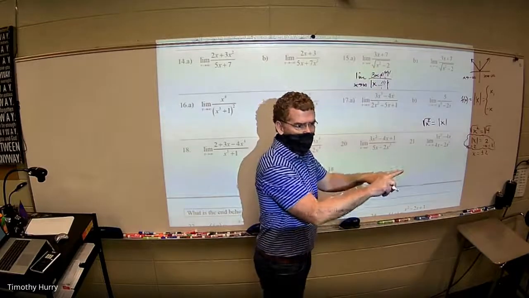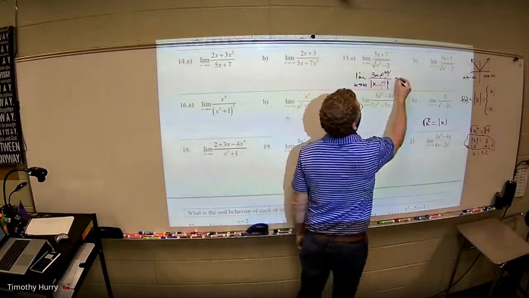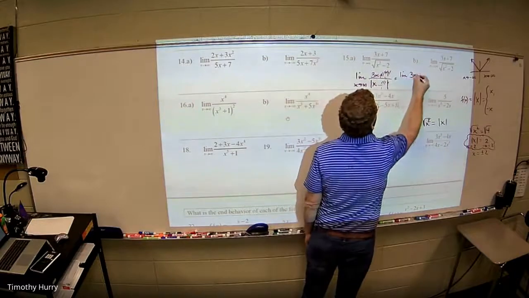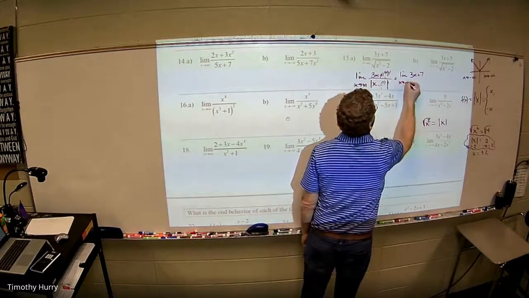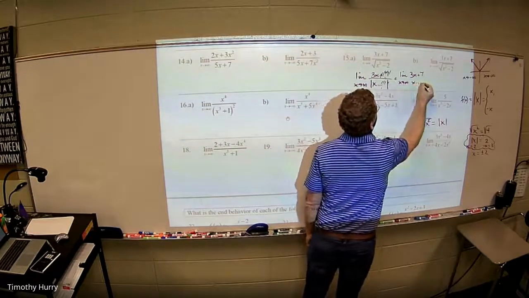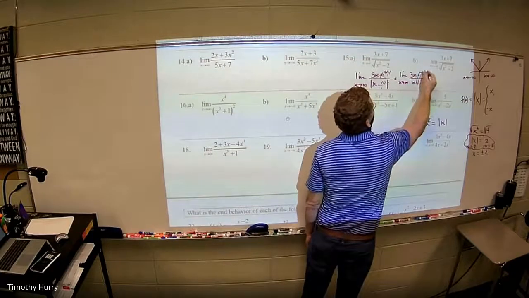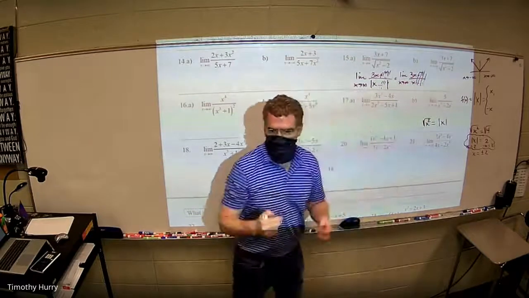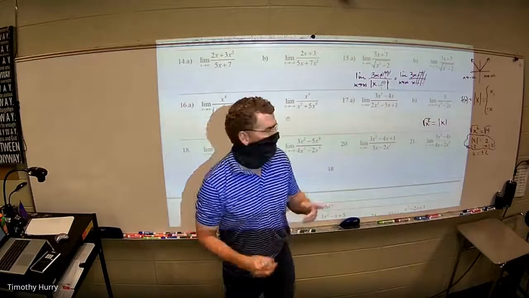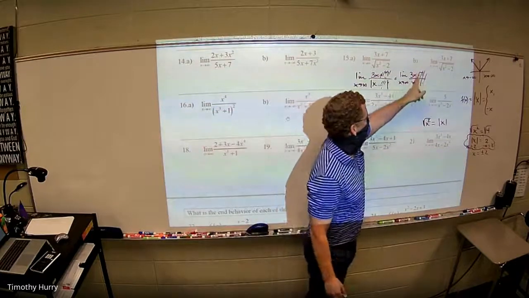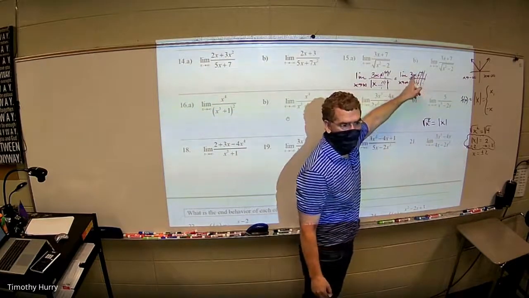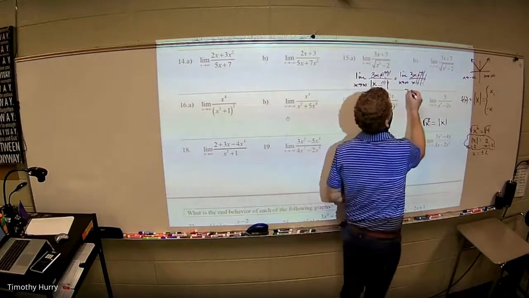To infinity. So if I'm heading to infinity, then I can just completely ignore the absolute value. And if I can completely ignore the absolute value, what do I end up with for this since my powers are now the same? 3 over 1, which is 3.